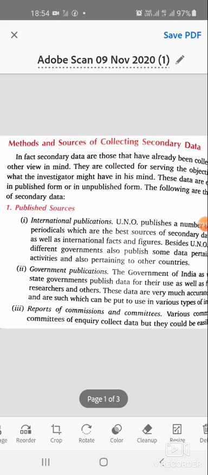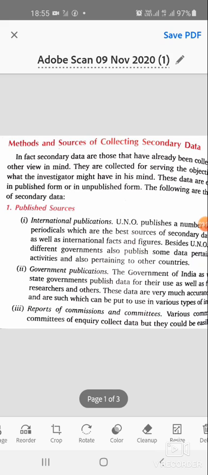The third one is reports of commissions and committees. These commissions and committees are appointed for a specific purpose, to collect data regarding different economic and social issues. For example, the Kothari Commission was made for reform in the education sector.